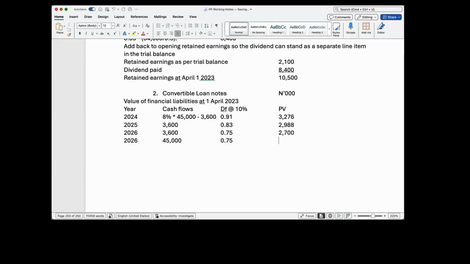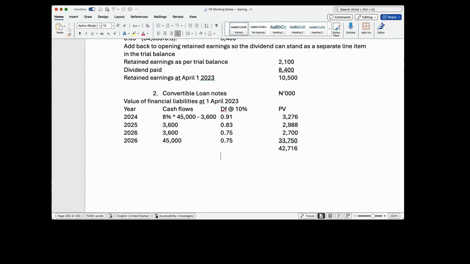And the principal: 33,750. So let's get the value of the financial liability. Can you sum all together? 42,716.